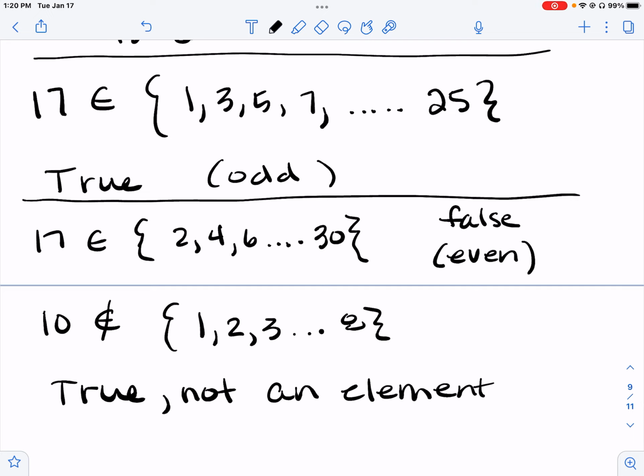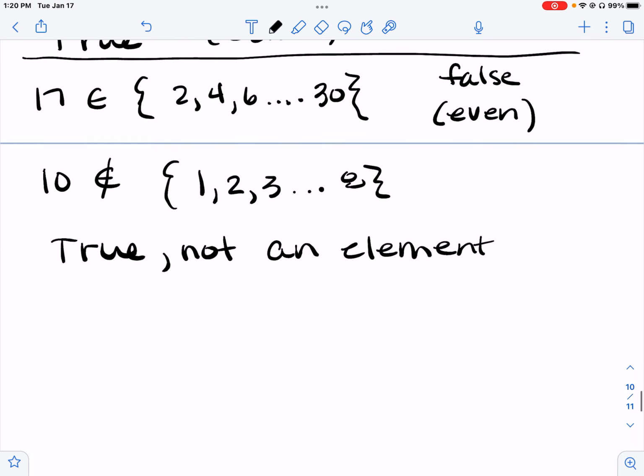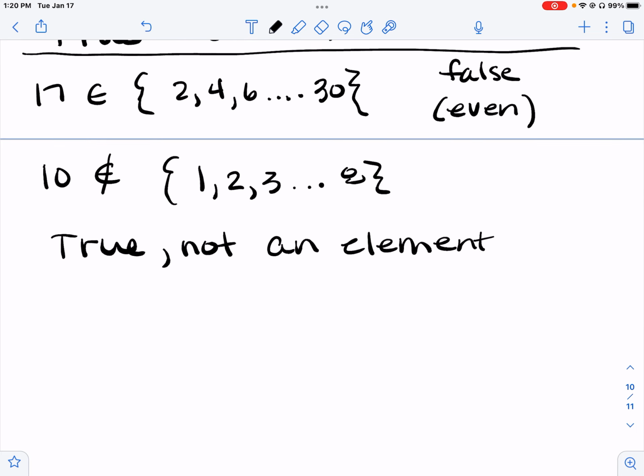Okay, is 17 an element of 1, 3, 5, 7, dot, dot, dot, 25? Yes, because that would be your odd numbers, and 17 would be in the middle there. Okay, what about 17 as an element of 2, 4, 6, dot, dot, dot, 30? That's false because those are even numbers, and 17 is odd.